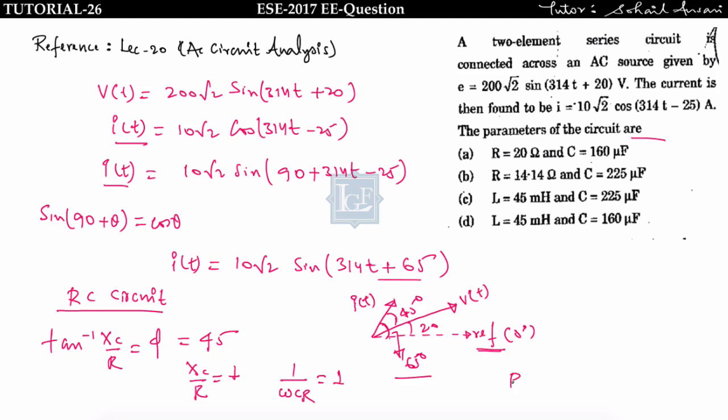Okay. So RC is equal to 1 upon omega, and here omega is equal to 314. So multiply R and C, you will get 1 upon 314. So option B is correct. In this way you can solve this circuit. This has been discussed in lecture number 20 as well as lecture number 21 while drawing phasor diagram.